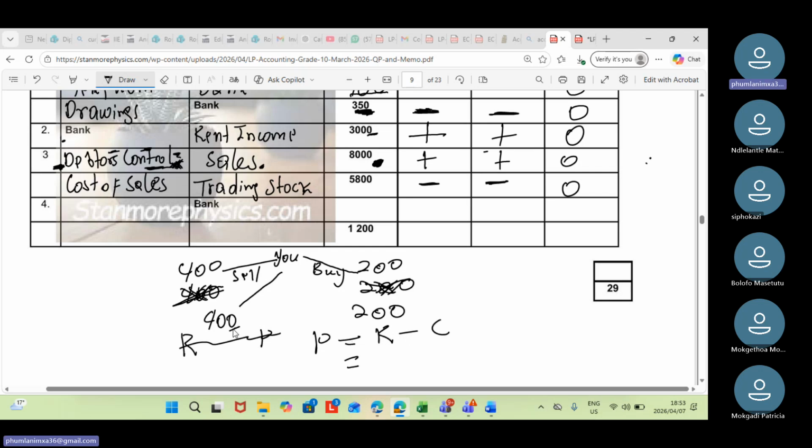So the revenue, you have made 400 from selling an old calculator, you bought it at how much? 200. Then the profit, it will be 200.